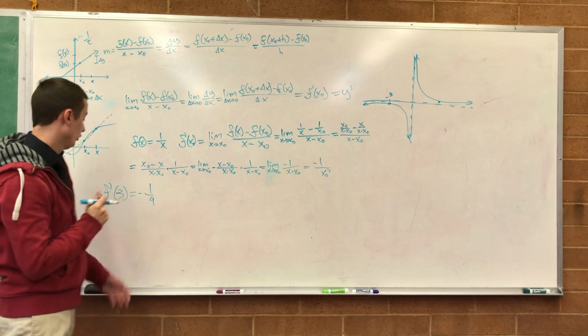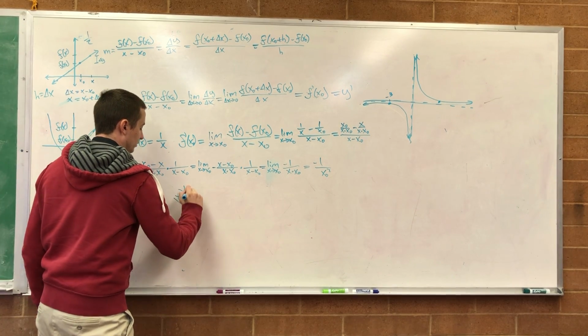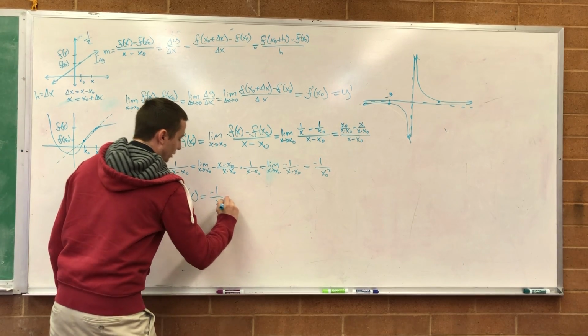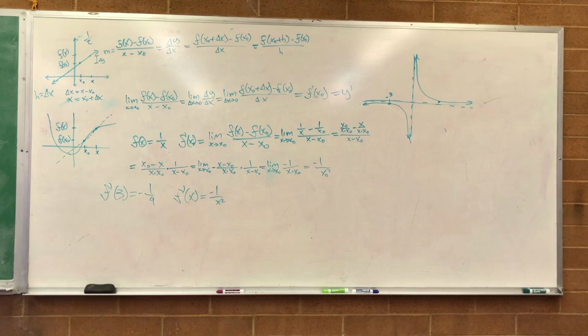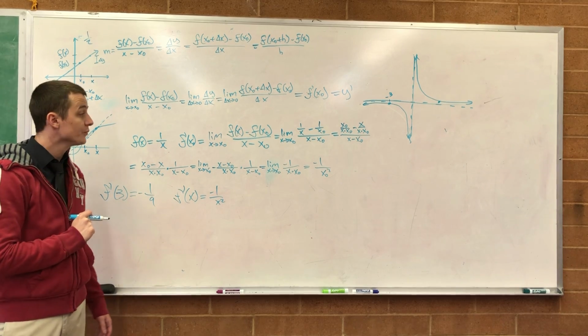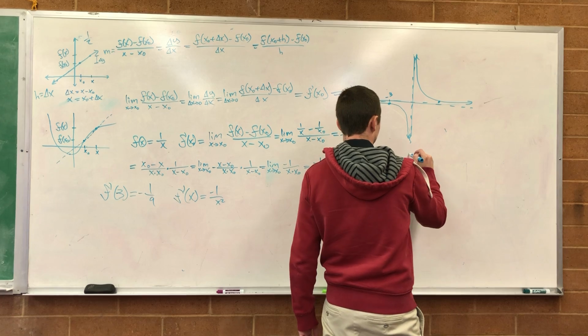Okay. And now we can graph f prime of x. So we know that f prime of x now is equal to -1 over x squared. Right? Yeah, x squared, because you just switch them. Because I'm saying f prime of x. So, if we graph that function, what does that look like roughly?